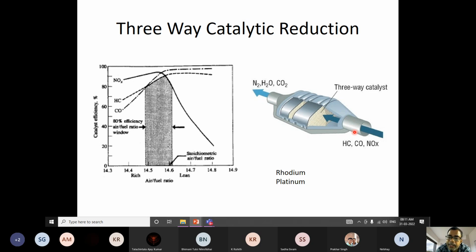It creates back pressure, and that will hamper the performance also. So both standalone options are not viable to control the emission and maximize the performance of the engine.